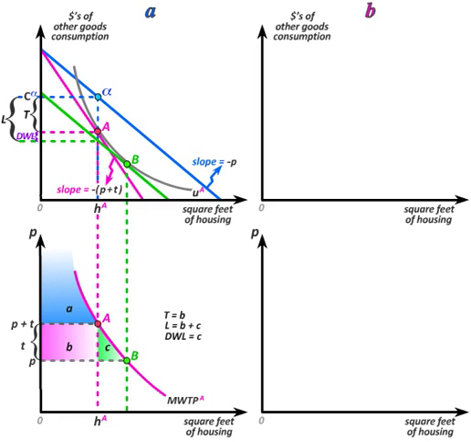Thus, L, the lump sum tax payment, is equal to area B plus C.